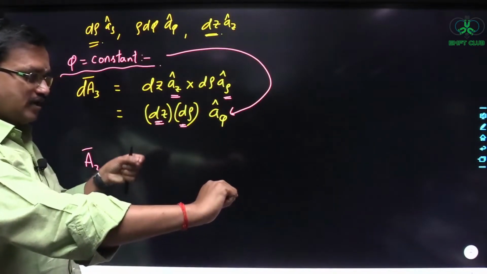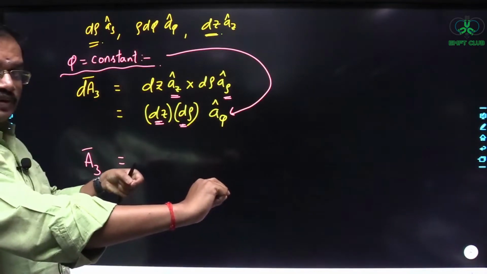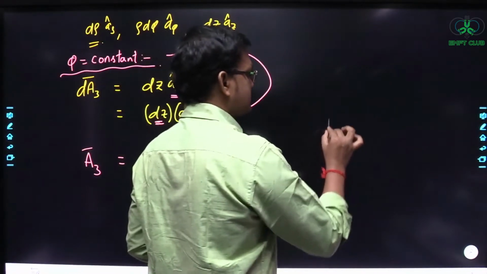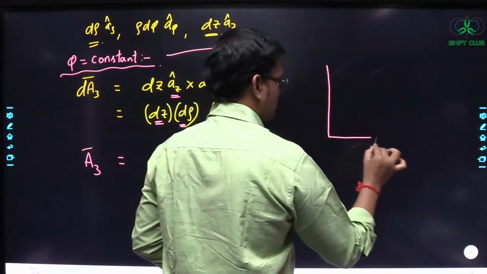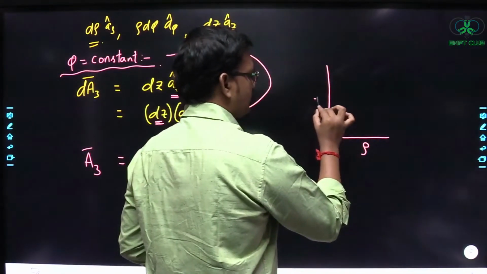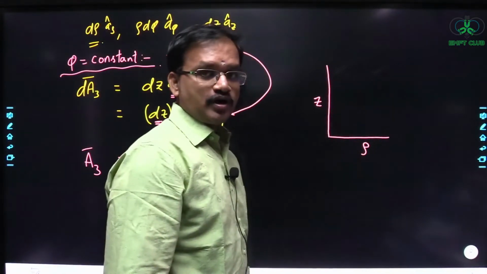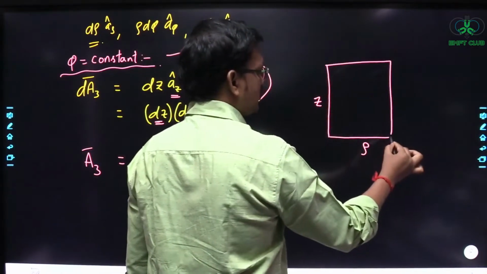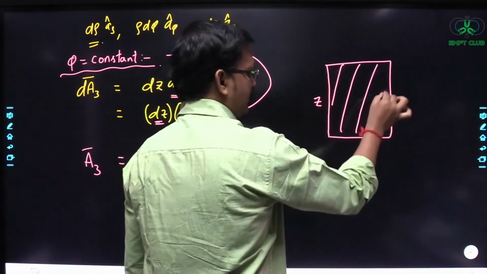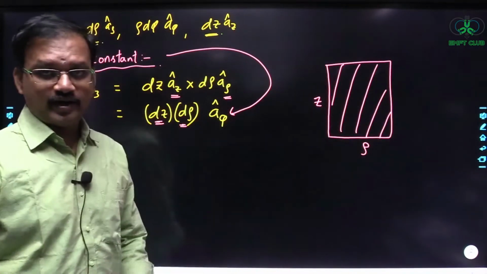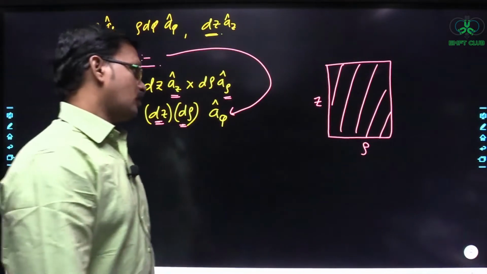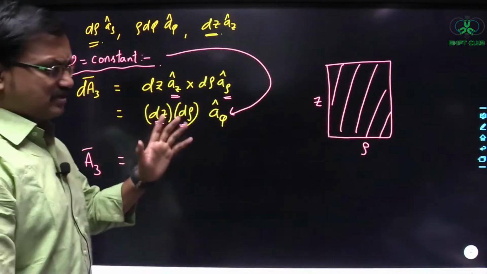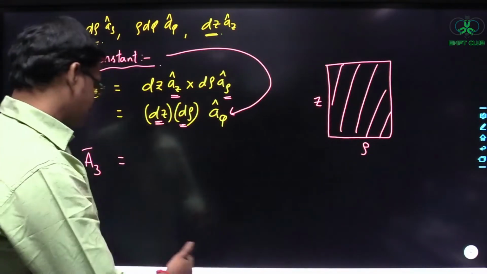And if you move along z, you are going to move perpendicular to the xy plane, like this. Understood? So if you vary z and rho and multiply these two, you are going to get the surface area of a rectangle. So it is very simple here, right?